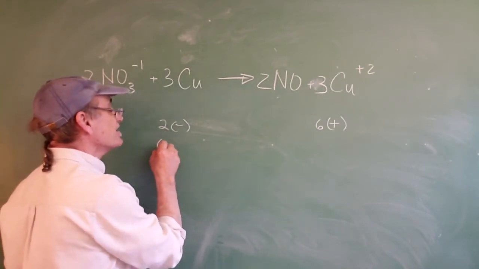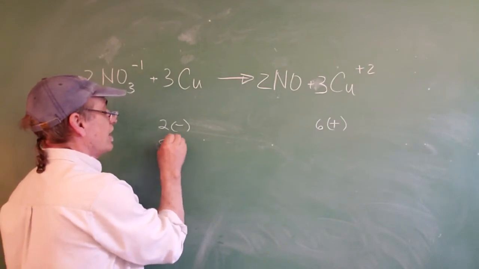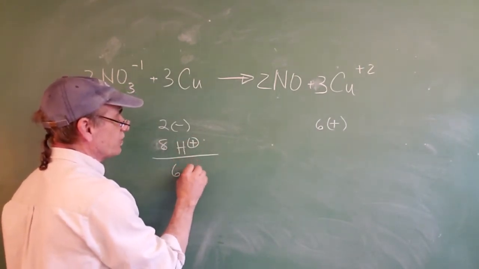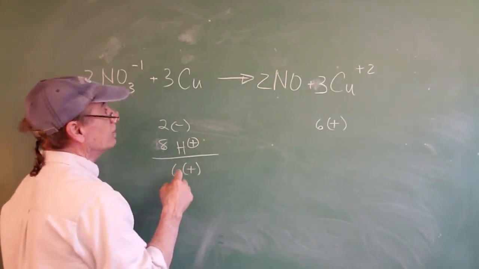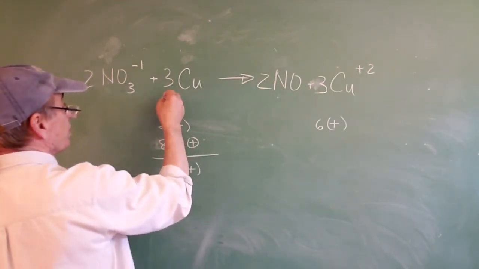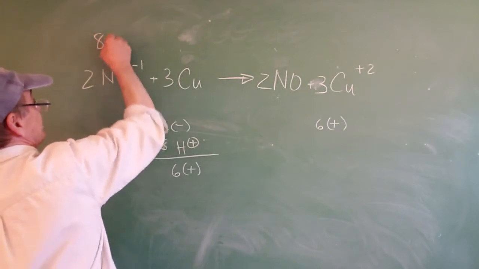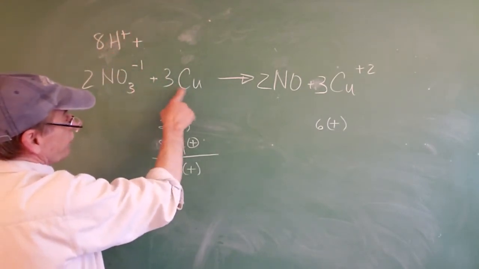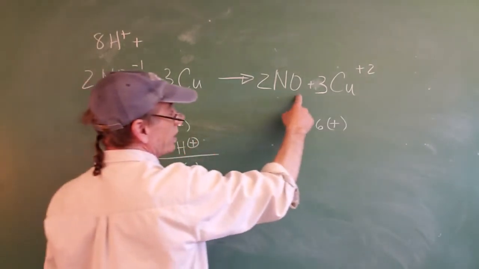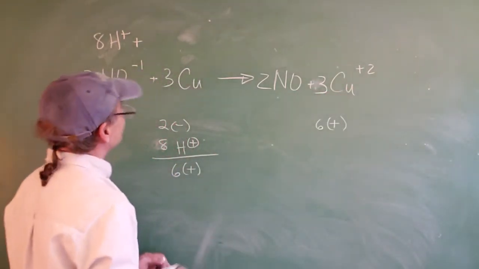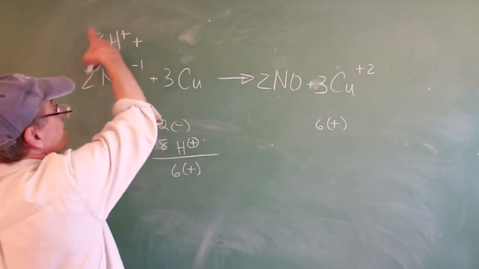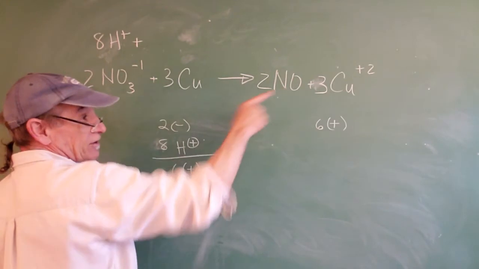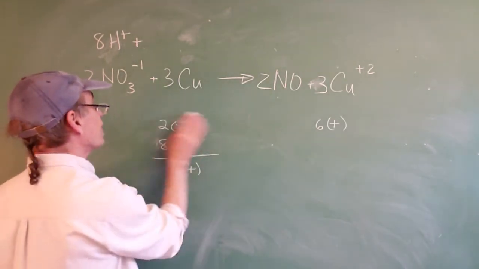So I'm going to add 8 hydrogen ions with a +1 charge to give me 6 positive charges on this side of the arrow. So I'm going to add 8 H pluses on this side, plus the 2 nitrates, plus the 3 coppers, to go to the 2 NOs and the 3 copper plus 2s. Now suddenly, if I total up the net amount of charge on this side, ionic charges, there'd be 6 positives balanced by the 6 positives on the other side.